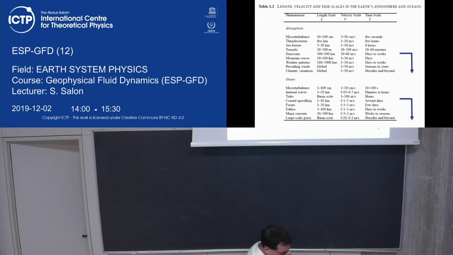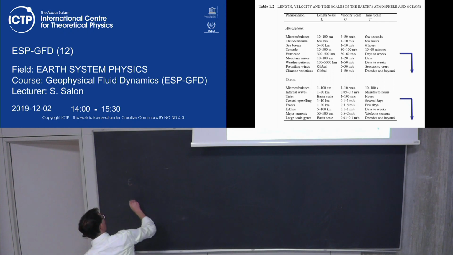Okay, so, we started, you remember we defined these two adimensional numbers, which were epsilon and sigma.